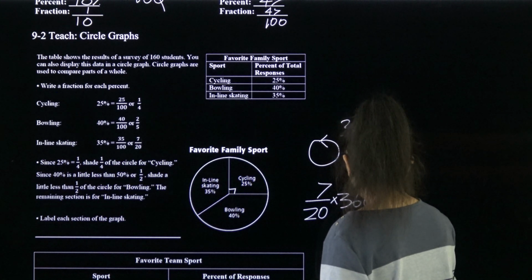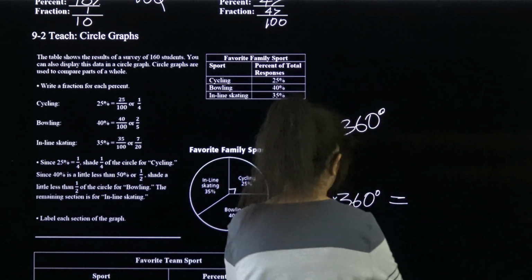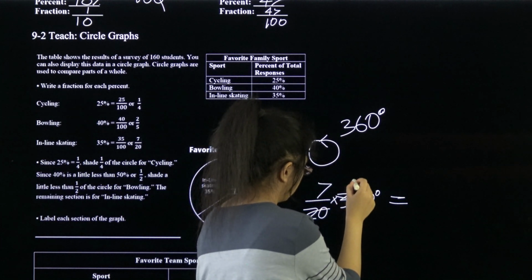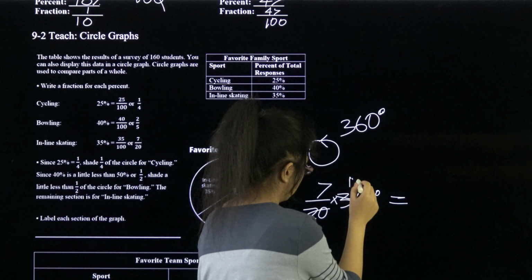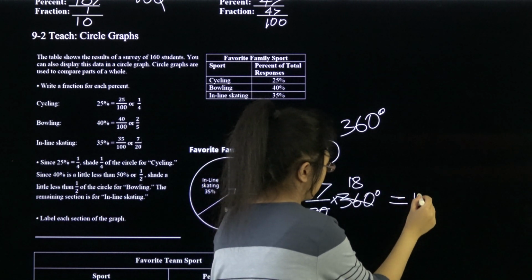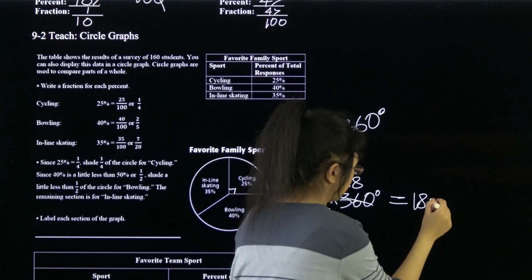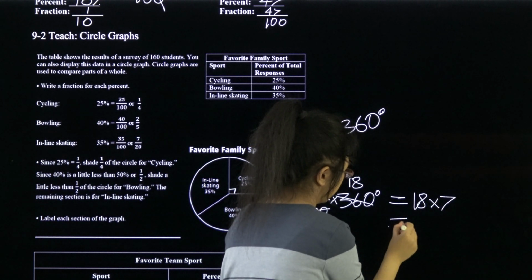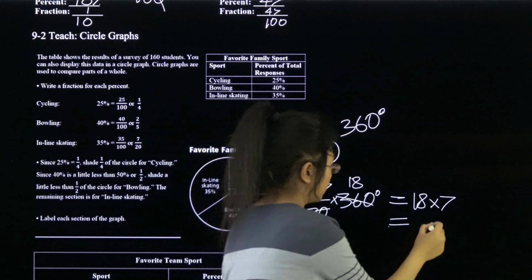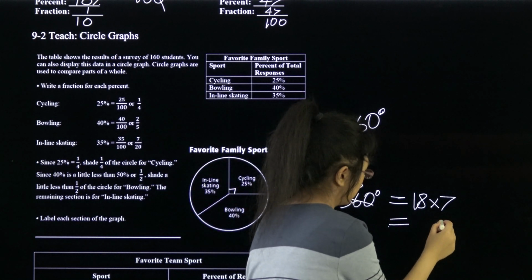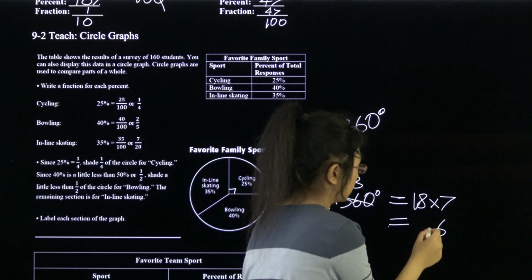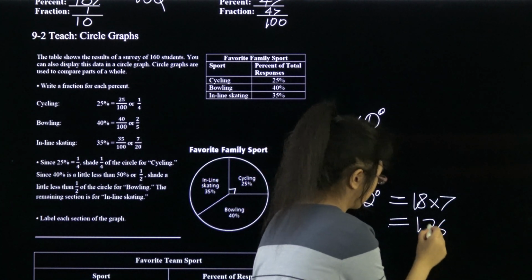90 degrees. And what is 7/20 of 360 degrees? Well, that is equal to 18 times 7, and 18 times 7 equals 126.